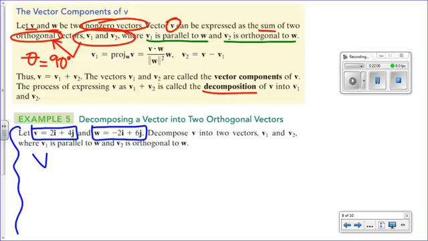So I was able to graph vector V, vector W, vectors V sub 1 and V sub 2. With that image, I'm going to explain to you what is said here.